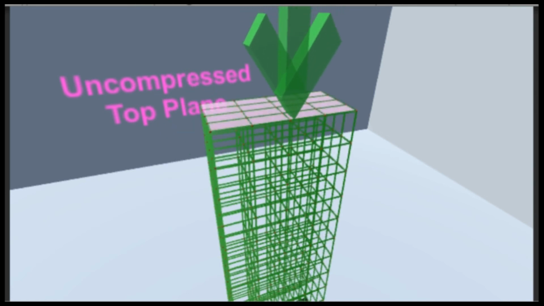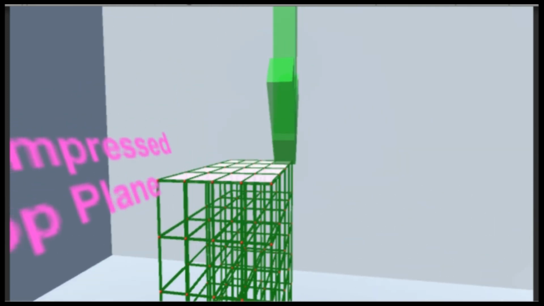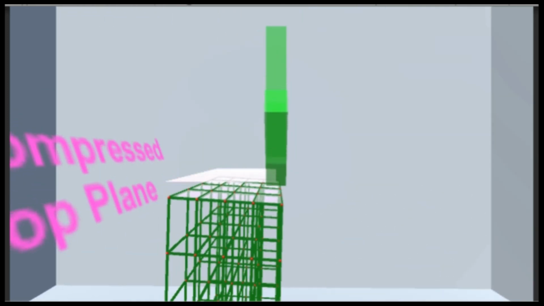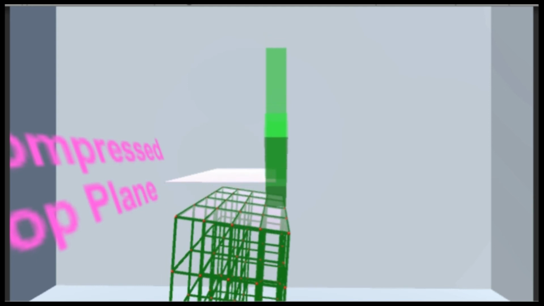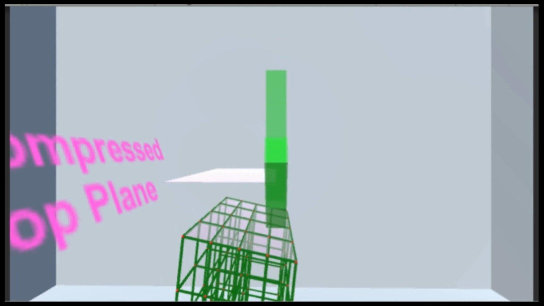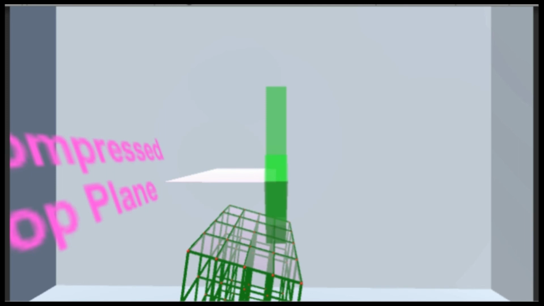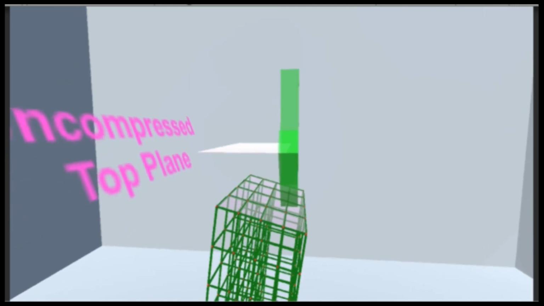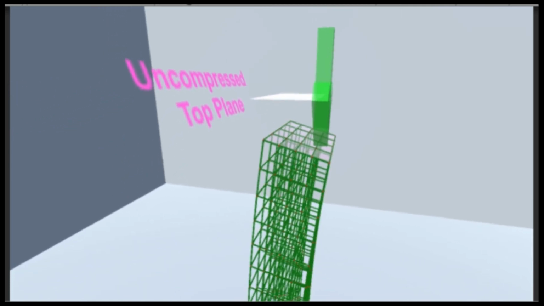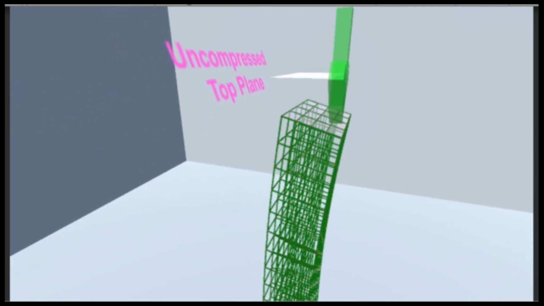Similarly, when the vertical force acts eccentric near the front edge of the top surface, we can see that the column will be compressed and bent along the minor axis.